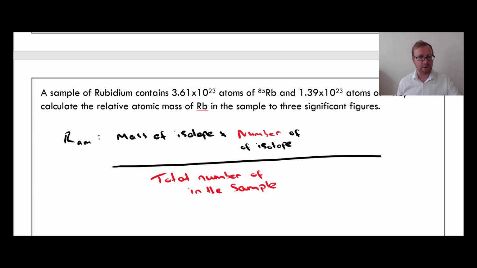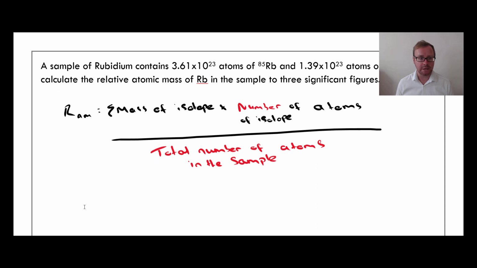However, we do have the number of atoms. So to calculate this, we need to, again, use the mass of an isotope times the number of atoms of the isotope and divide by the total number of atoms in the sample. And this is because it's not a percentage abundance, okay?